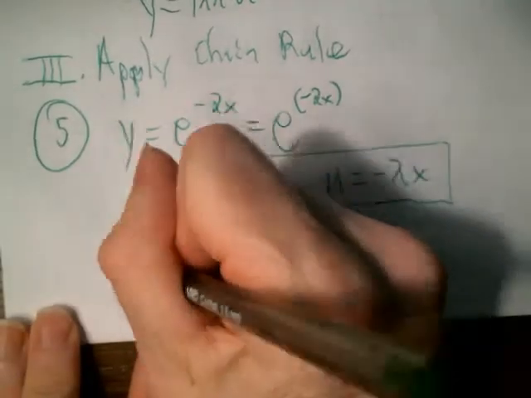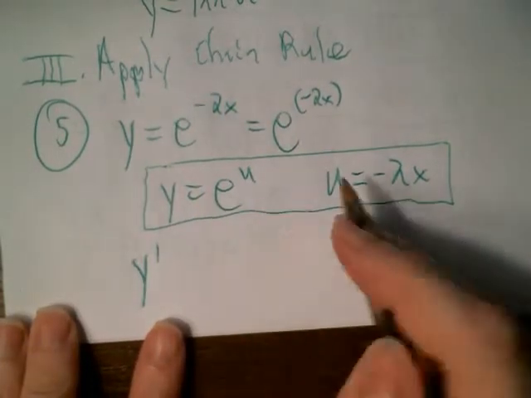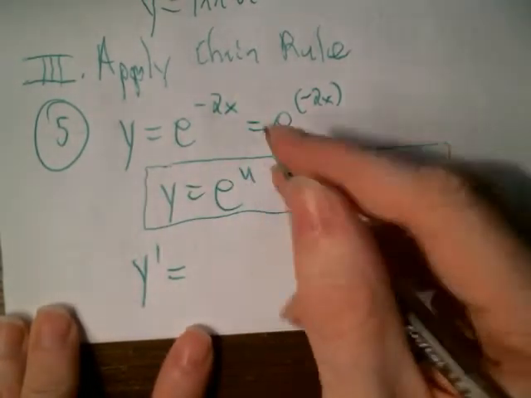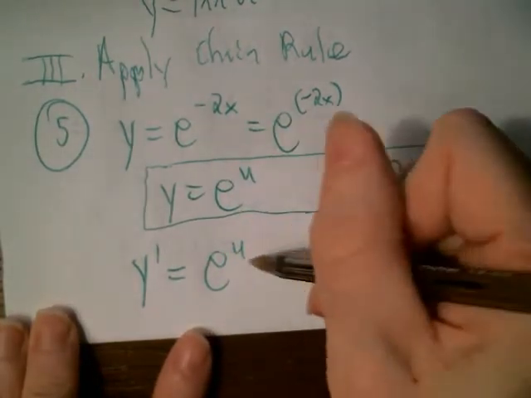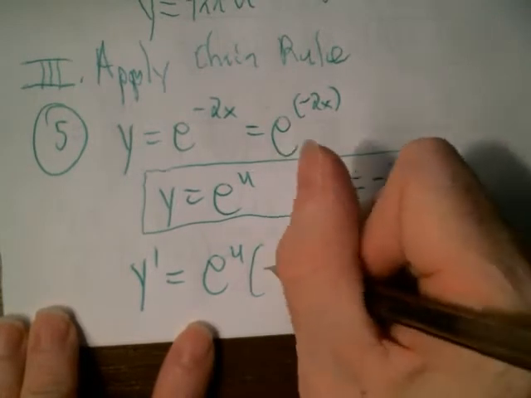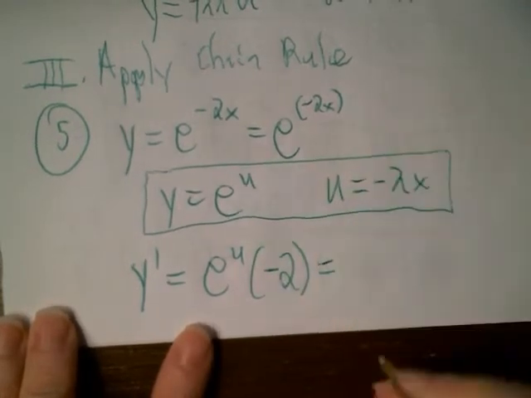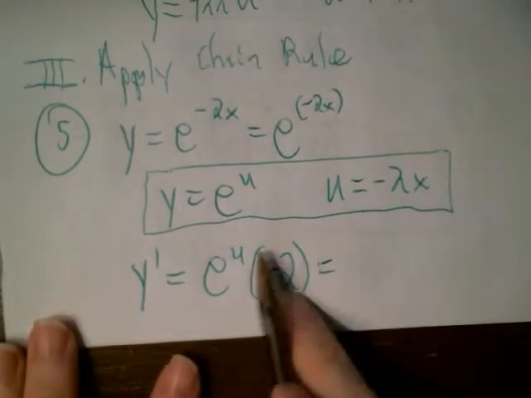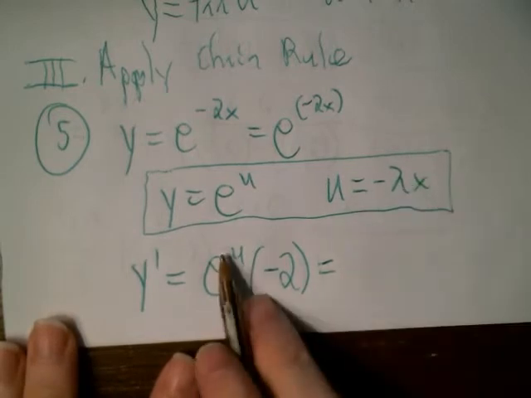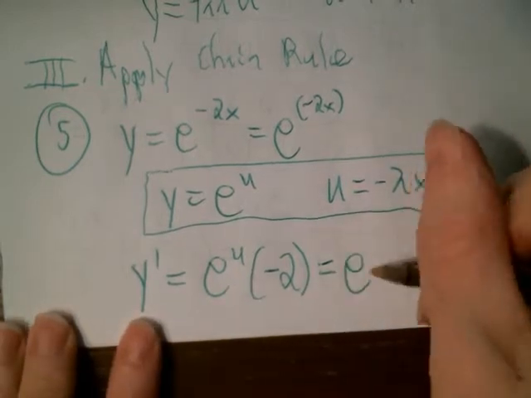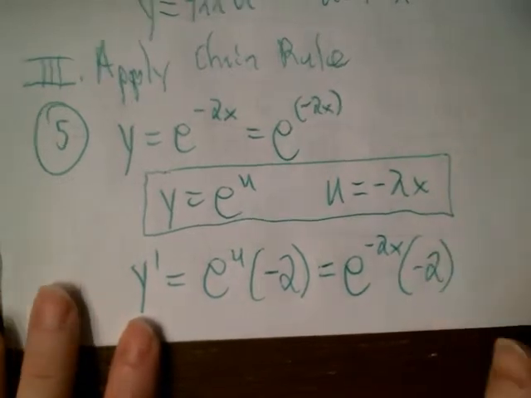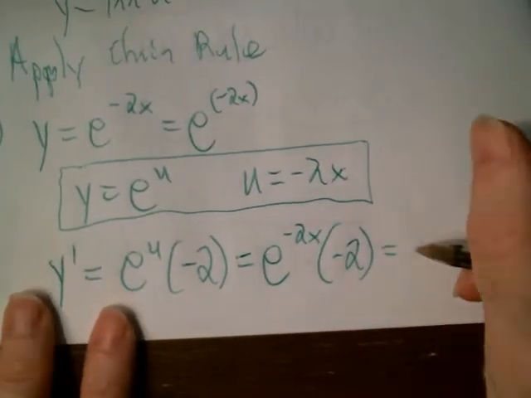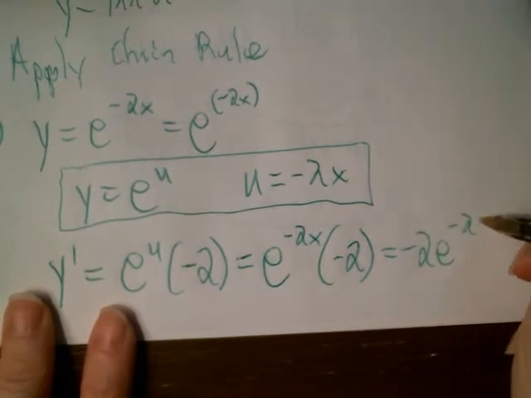So y prime is the derivative of the outer part, which we know the derivative of e to the u is just e to the u, times the derivative of the guts. The derivative of negative 2x is negative 2. We have to put this back in terms of x, so back substitute the negative 2x. You get e to the negative 2x times negative 2, and cleaning it up, it's negative 2 e to the negative 2x.